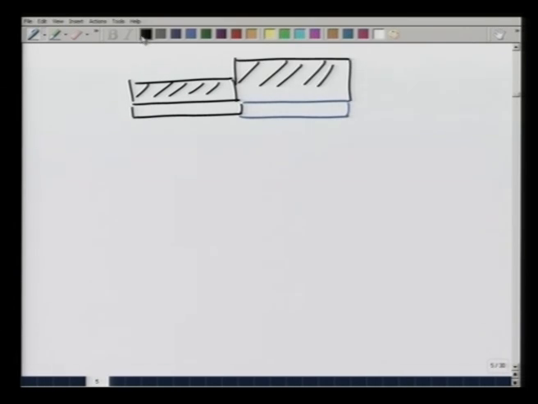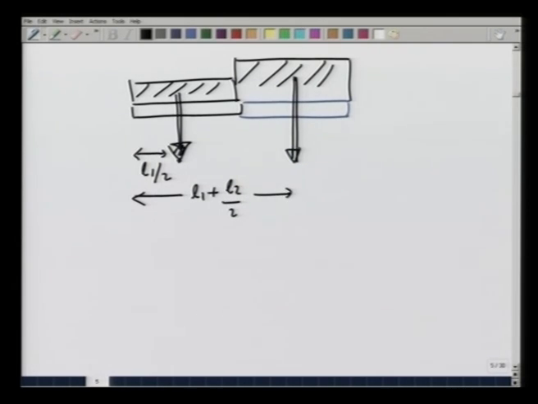I know the center of gravity of this load, which is at a distance of L1 by 2, and the center of gravity of the other load is at a distance of L1 plus L2 divided by 2. The total area here is lambda 1 L1, and the total area here is lambda 2 L2.